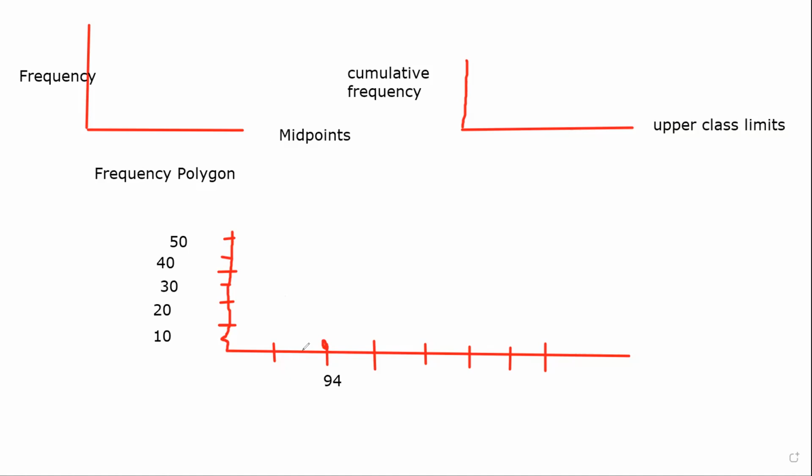And then I have 103 and 22. Now if this is 10, 22 is about right here. So 22 is going to be right there. This is going to be 103.